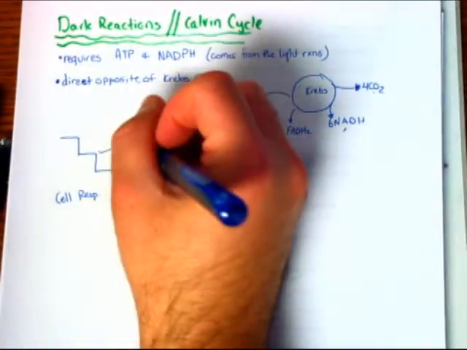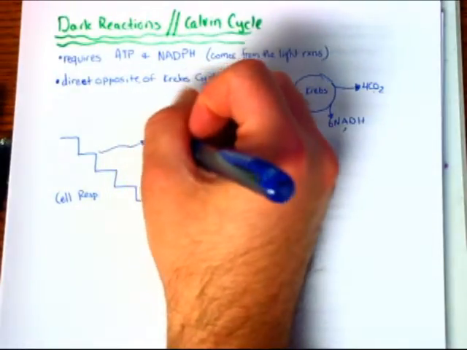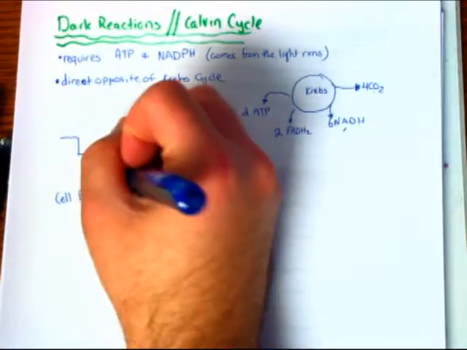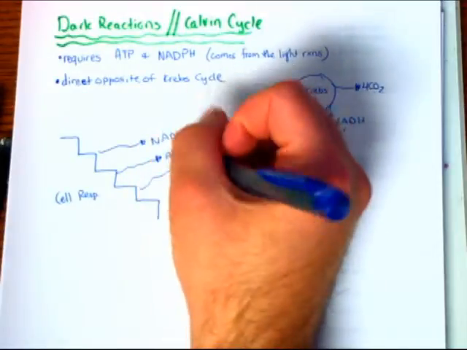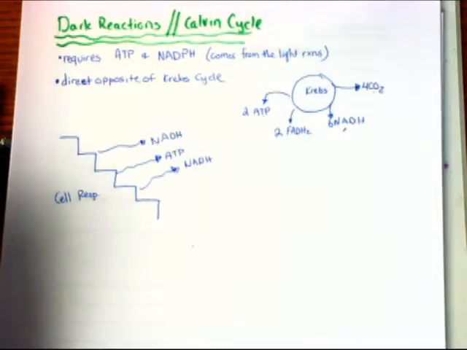Remember, you pulled off H's and electrons and stuck them into NADH. Also, along the way, you made some ATP. Not a whole lot, but some. Also, your NADHs accounted for some ATP in the electron transport chain and chemiosmosis.